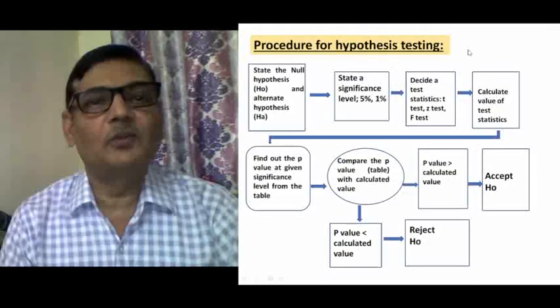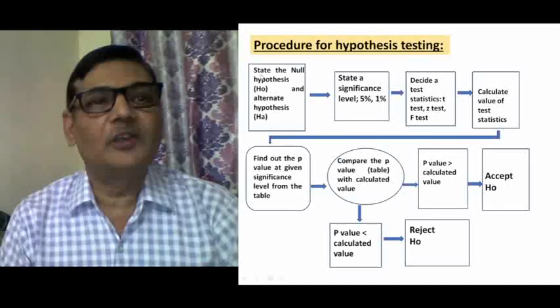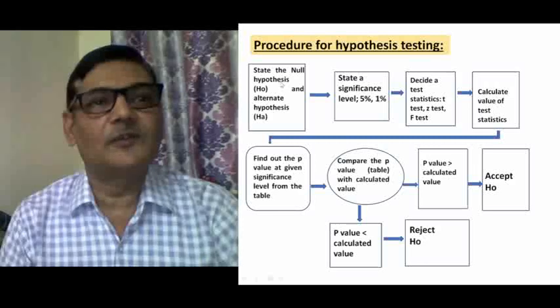Now this particular slide is of much use. You can understand the different steps which are involved in hypothesis testing. So the procedure for hypothesis testing is given here. First, you decide the null hypothesis.